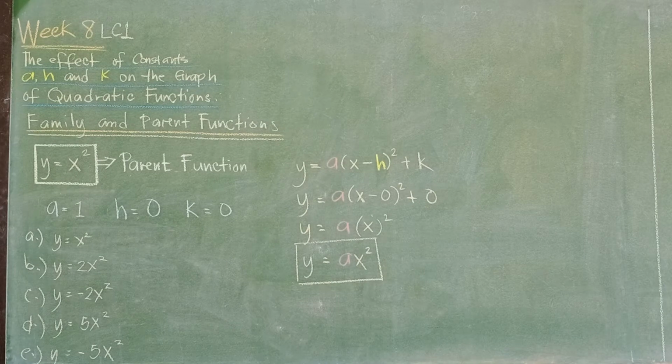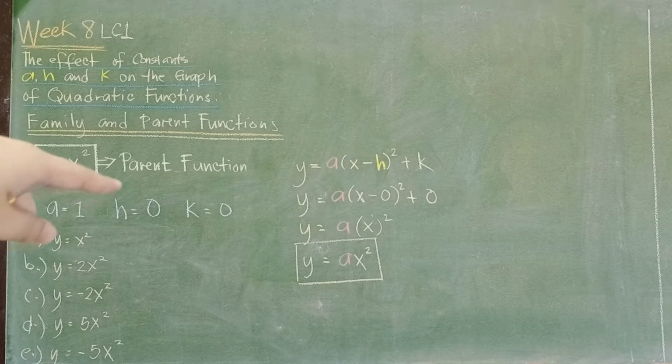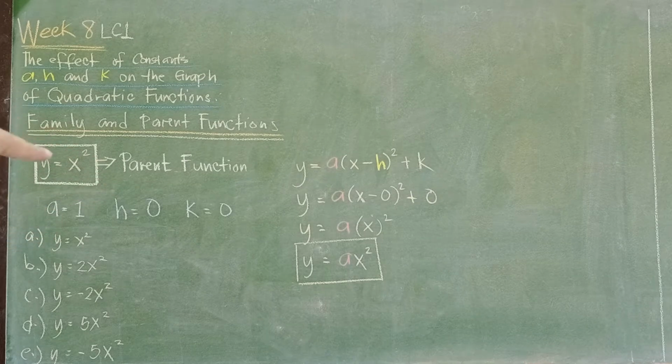So yan yung equation na gagamitin natin para ma-adjust natin yung value ng a. So kung titignan natin, parang yung parent function pa din yan. Doon sa parent function lang is 1 yung value ng a. Dito sa y is equal to ax squared, yung a bibigyan natin ng iba't ibang value.